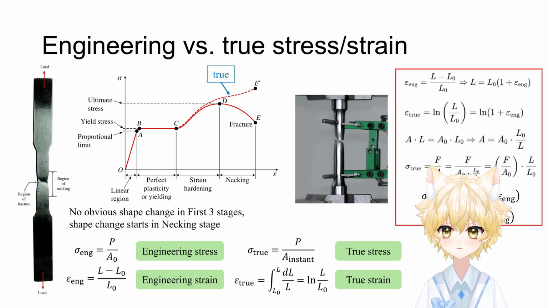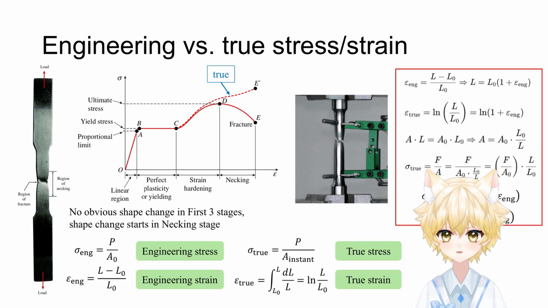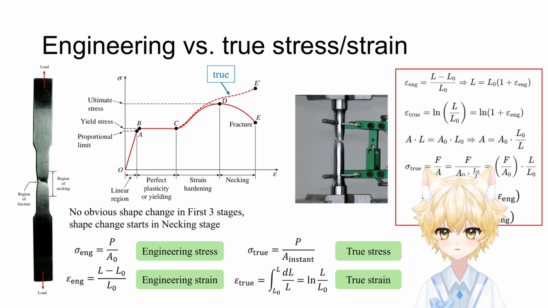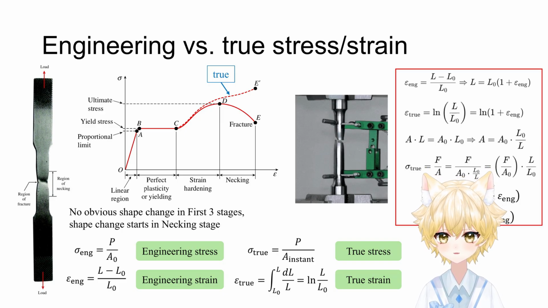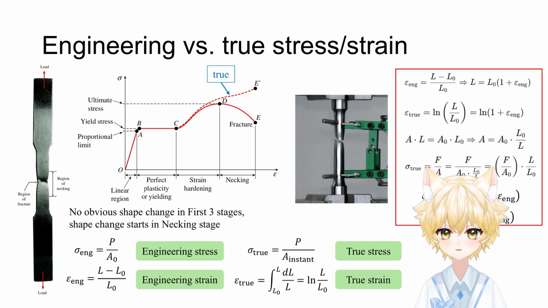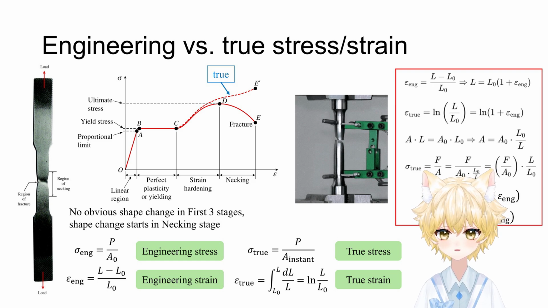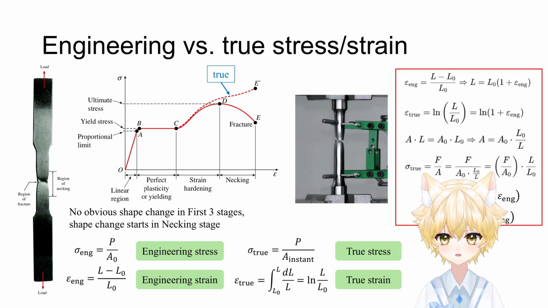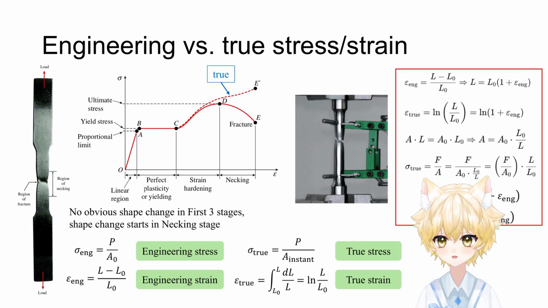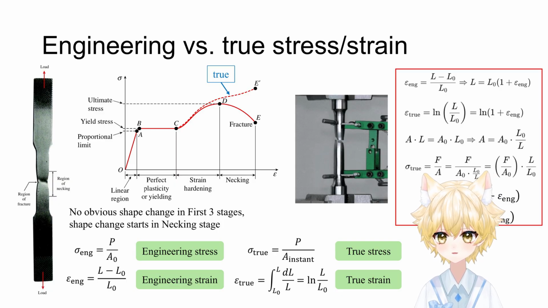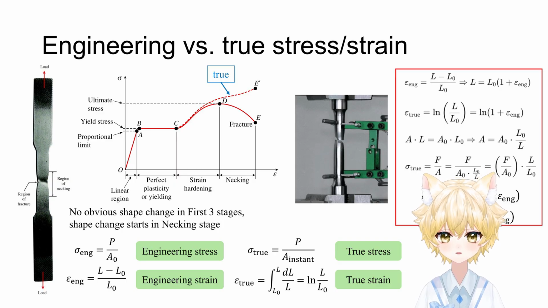Now, we understand plastic deformation and the role of dislocations. Let's take a closer look at how we describe deformation quantitatively. In particular, we need to distinguish between engineering stress-strain and true stress-strain. Let's start with engineering stress and engineering strain. In a standard tensile test, engineering stress is defined as the applied force divided by the original cross-sectional area.